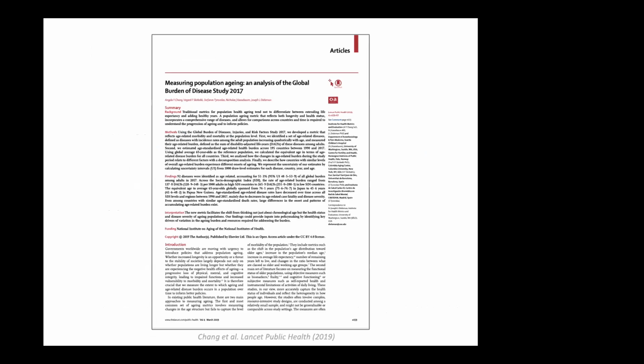So this talk is going to be based mainly on this paper, which you can find in Lancet Public Health that was published in 2019. And we received lots of interest from all over the world, from policymakers, from the media, from academics, of course, from clinicians. And so I'm quite pleased that people were interested in this.